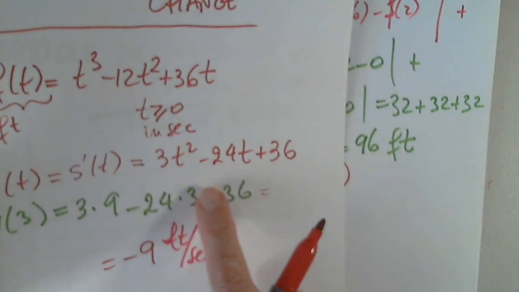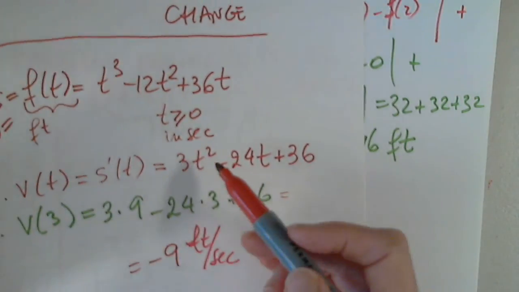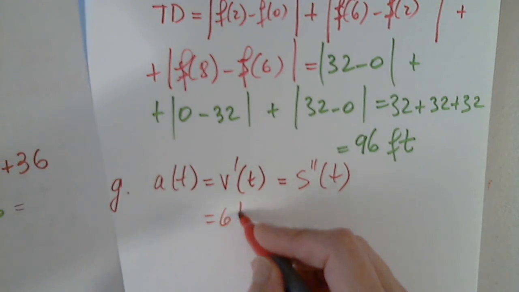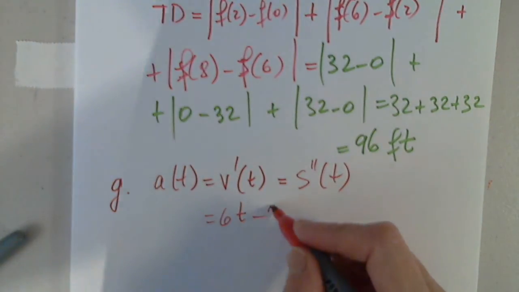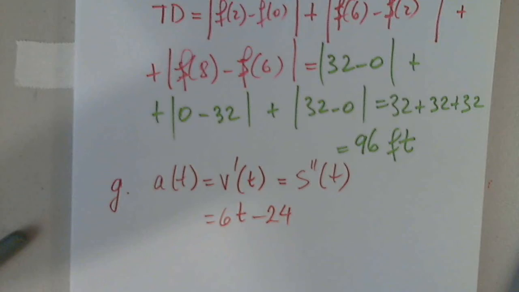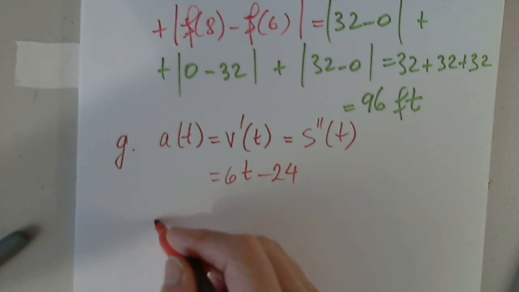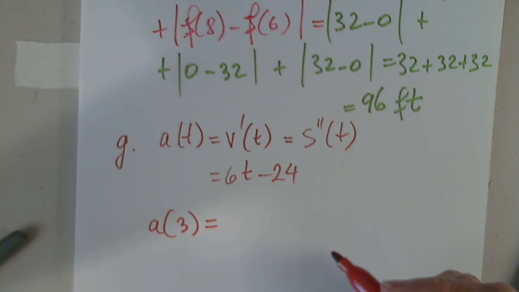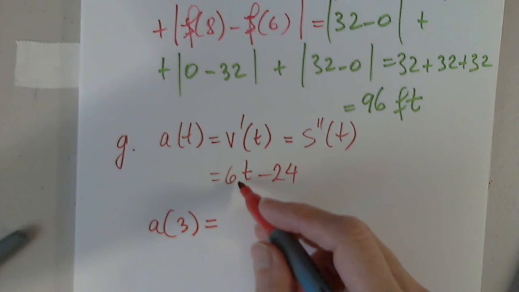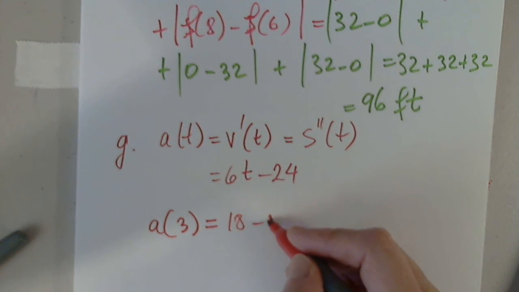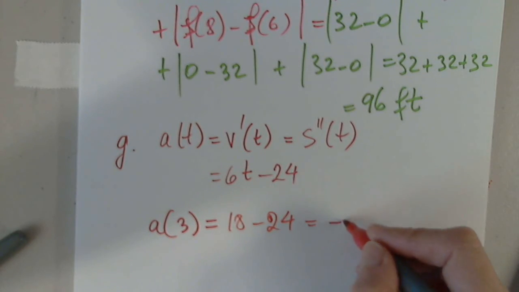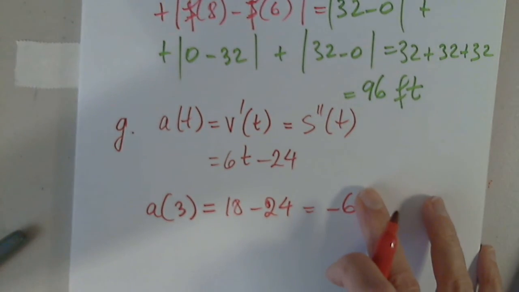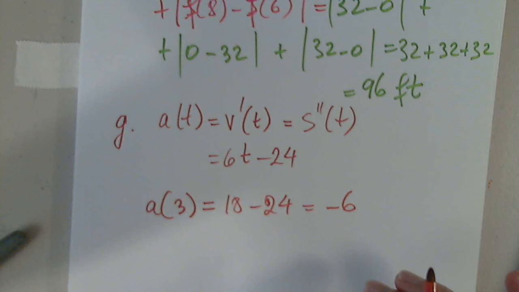So I have the velocity, so I bring 2 down, so this is 6t minus 24. We're asked to find the acceleration at time t equals 3. So then I have 18 minus 24, which is negative 6.